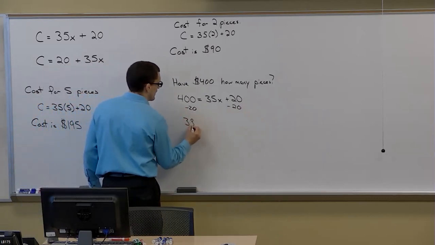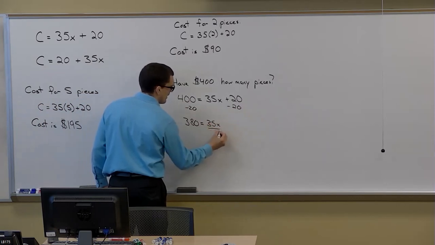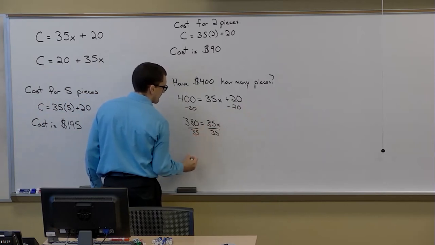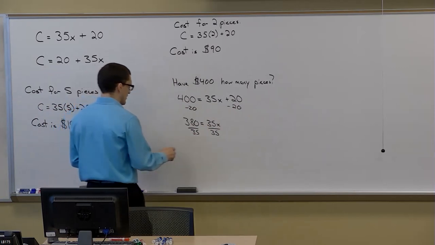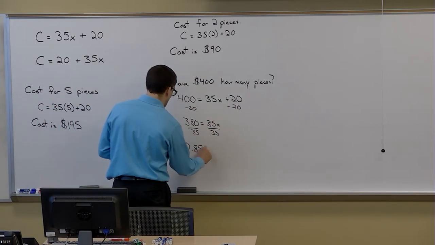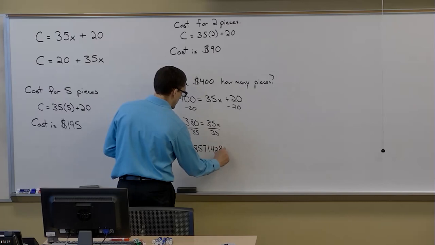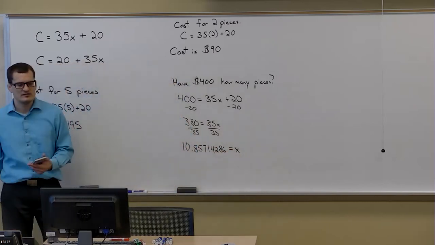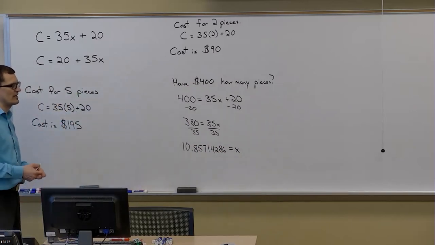You should get 380 equals 35x. Then divide both sides by 35. Now, it gets a little bit weird because once again we have a decimal. Roughly 10.86 is your X.